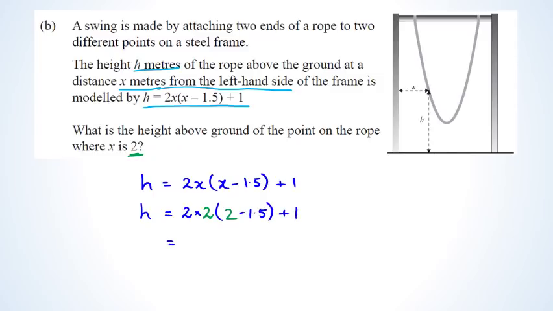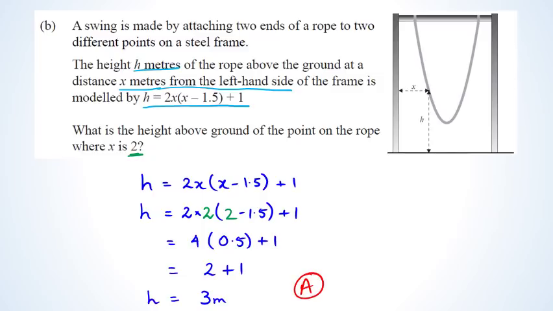Simplifying this, 2 times 2, you're going to get 4. 2 minus 1.5 is 0.5, plus 1. 4 times 0.5 is 2, so you're going to get 2 plus 1, which is 3. And so your final answer is height is equal to 3. We can just put it as 3 meters. There we go, and this gets you an achieved.